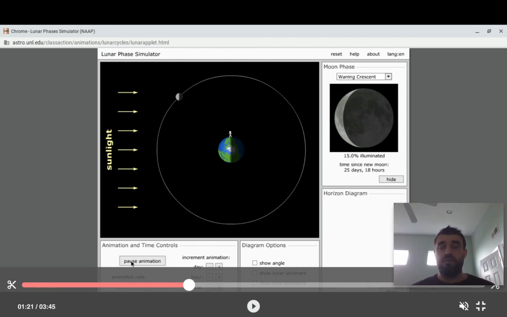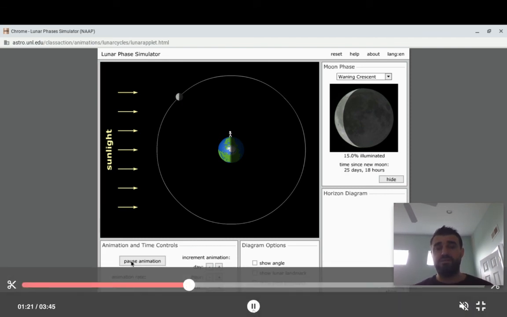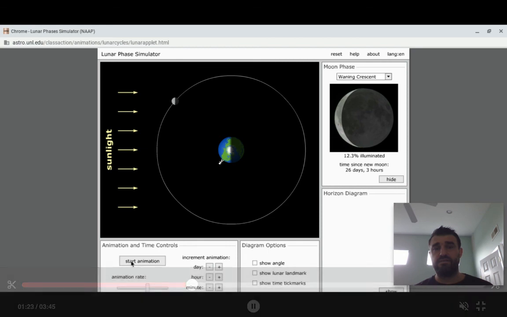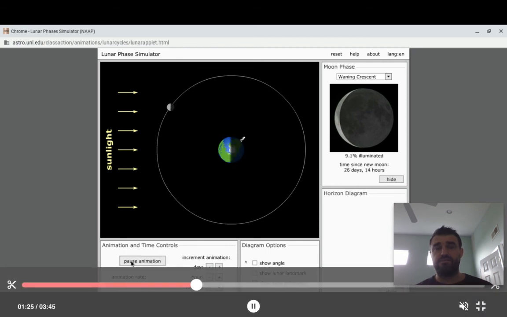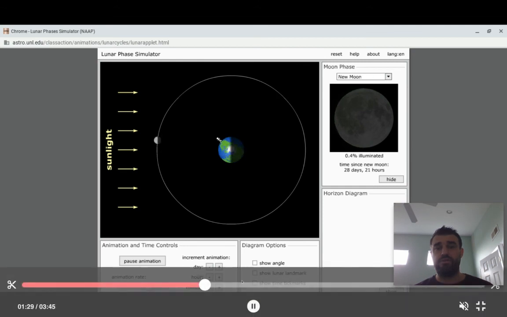All right. And then the moon totally disappears after this. And then it's reborn anew. Okay? And its cycle starts all over again.